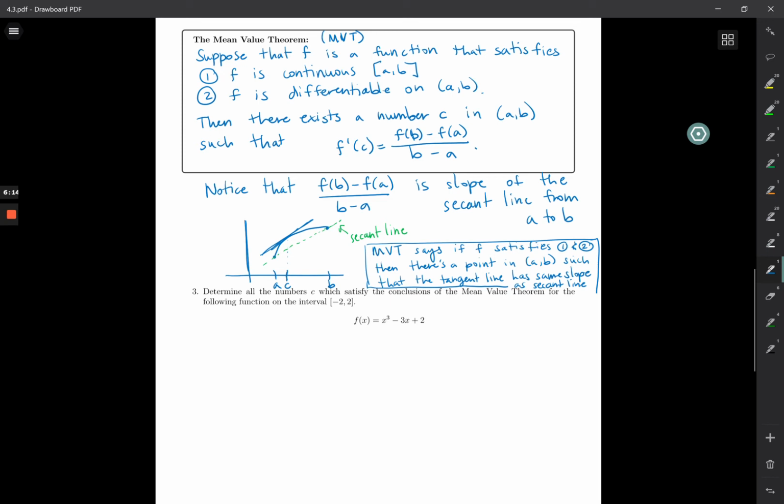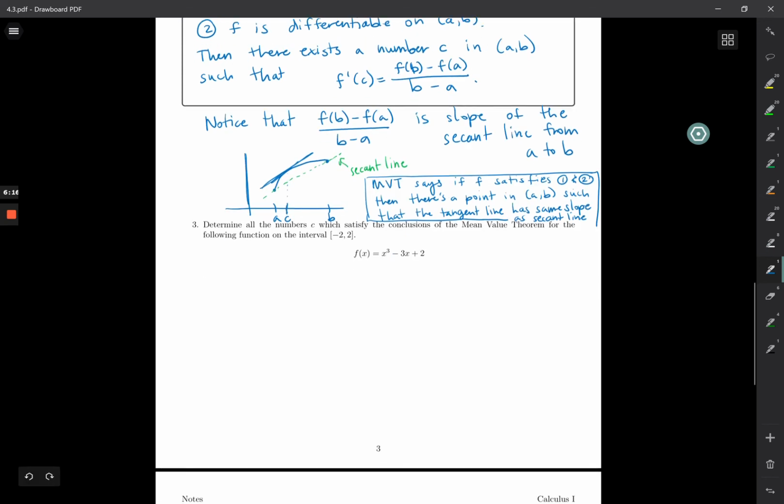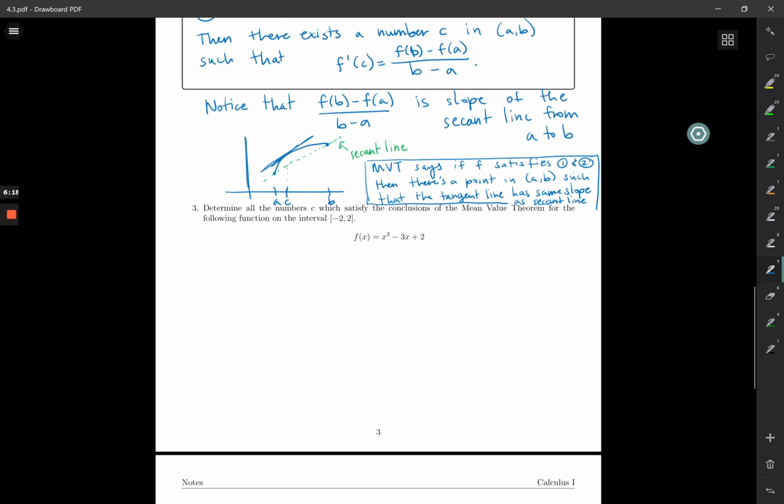Okay, so let's go ahead and do an example. So this will be similar to the first example that we did. Okay, so this one asks us to determine numbers that satisfy the conclusions of the mean value theorem.